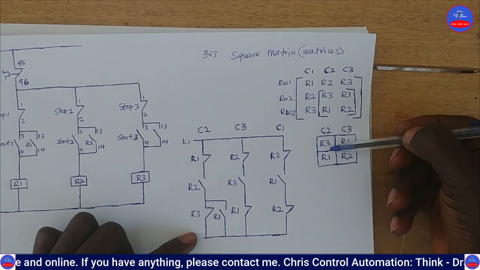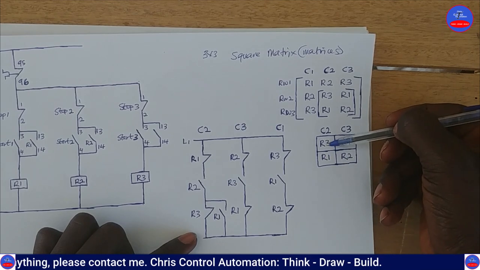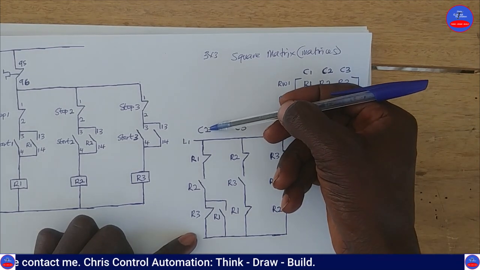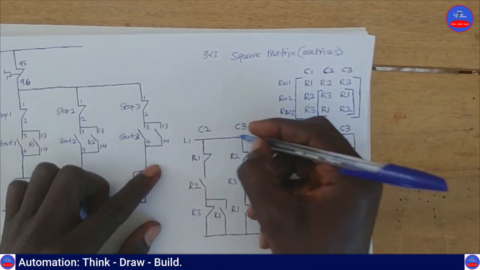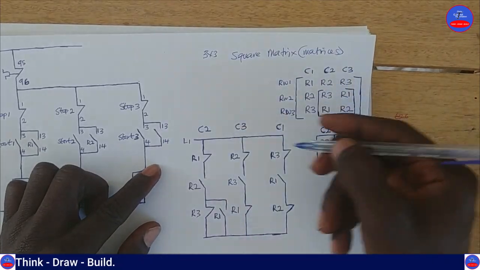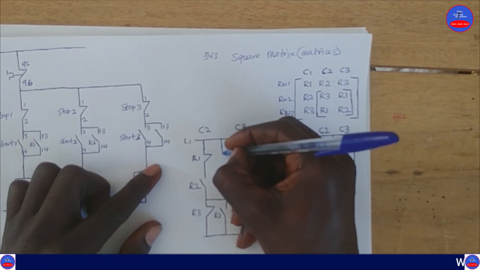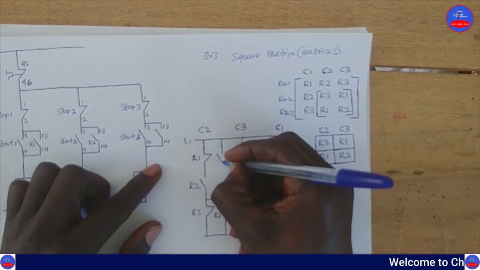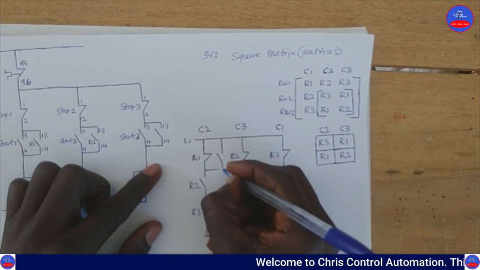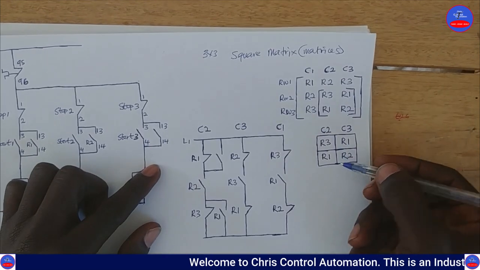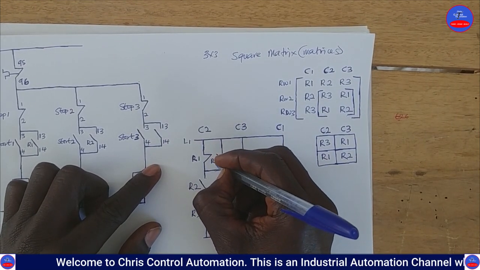Then let's go to the same column 2. Wherever we see R1, you parallel it with R3. So this is column 2. This is R1. So we parallel it with R3. Okay. So this side, R1 should be in parallel with R3. So here will be R3.